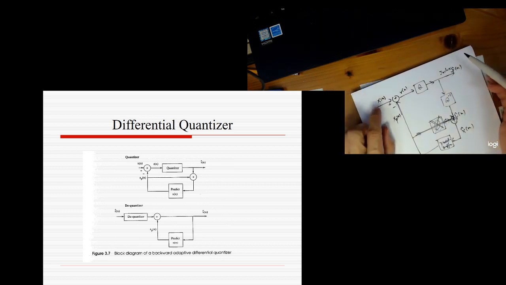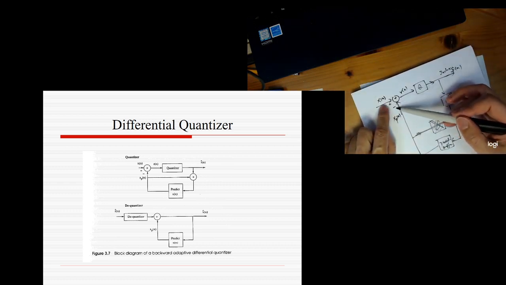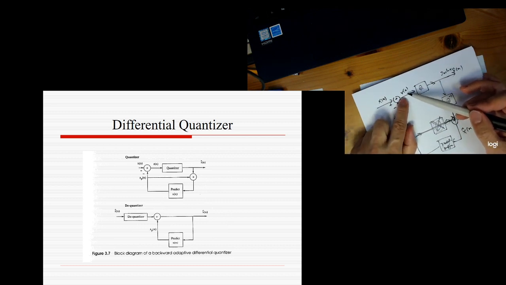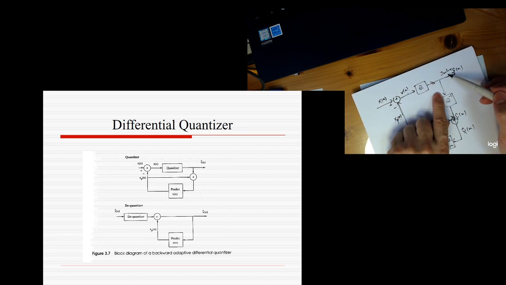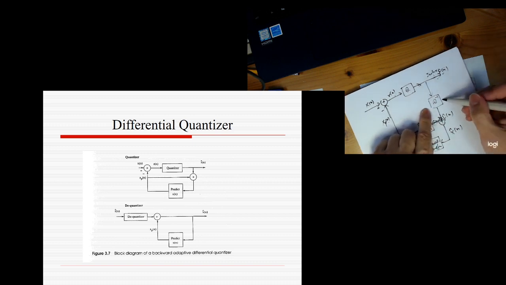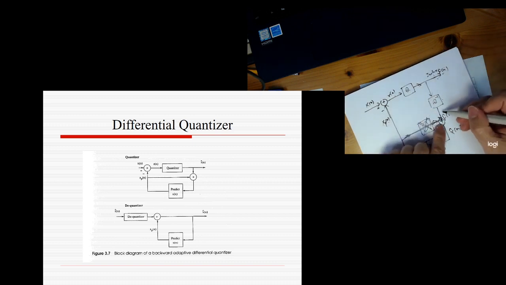So our input signal is subtracted by our prediction signal to get the residual signal, and we do the quantization. We go through the channel; the encoded bits are the index of our quantized residual signal. Then we do a table lookup to recover R hat of n.